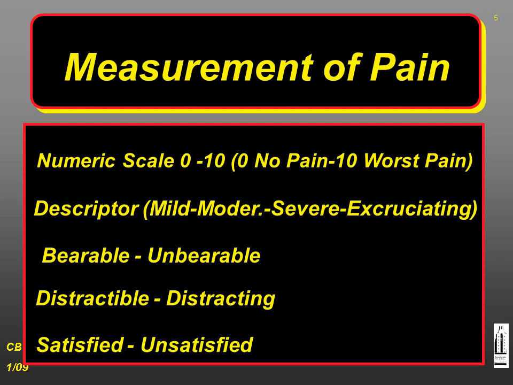Others will report an 8 or 9 pain, but if asked to rate the pain using the adjectives mild, moderate, or severe, they report the pain to be mild. This poor understanding of the numeric rating scale seems to be more frequent in patients suffering from chronic pain.